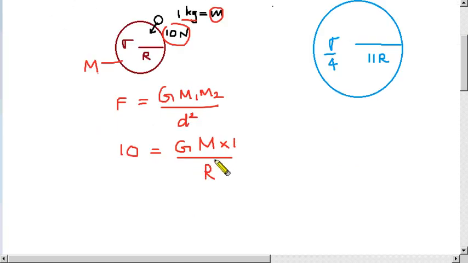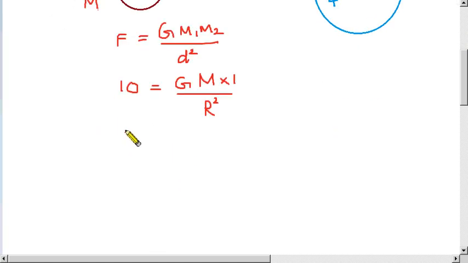So we get 10 equals GM divided by r squared. Let us keep this equation aside.